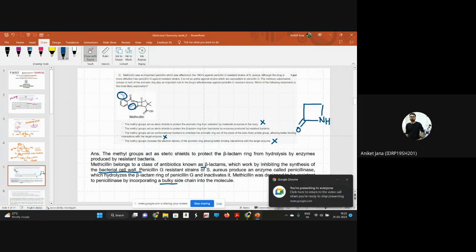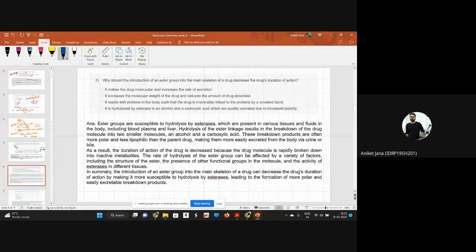Okay, so let's move to our next question. Why should the introduction of an ester group into the main skeleton of a drug decrease the drug's duration of action? So what is an ester group?